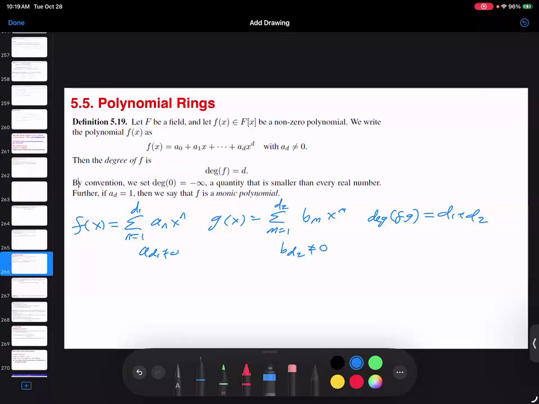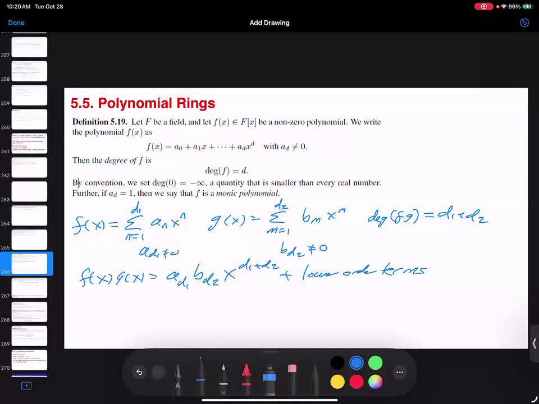Not in Z mod nZ, not in fields. Well, so why might it not be true in a field? So we know when we look at f(x) times g(x), it's going to be a_d1 b_d2 x^(d1+d2) plus lower order terms. All we need to know is this is non-zero.